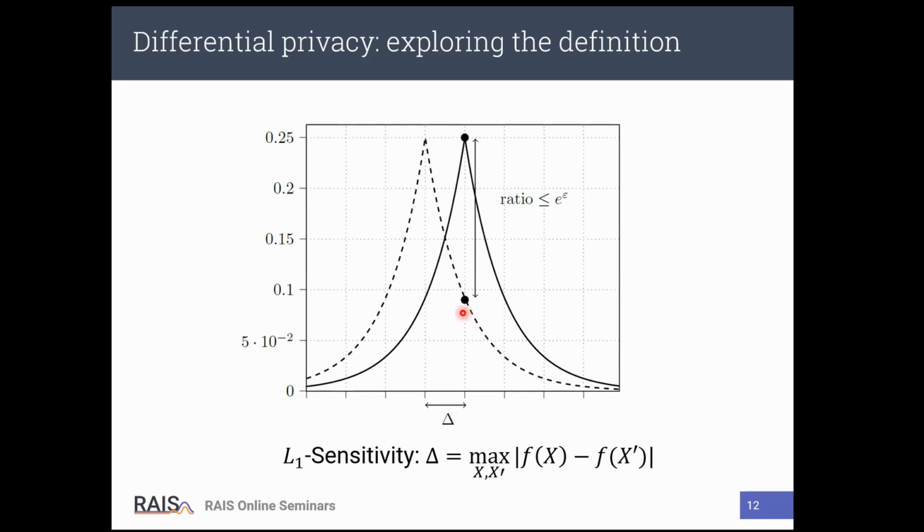So the differential privacy constraint requires that for any couple of points for the same outcome, the ratio between the probabilities is bounded by this value e to the epsilon. So basically the idea is that the probability of a certain outcome shouldn't differ so much regardless of which of these two adjacent data sets you're using to process your data.